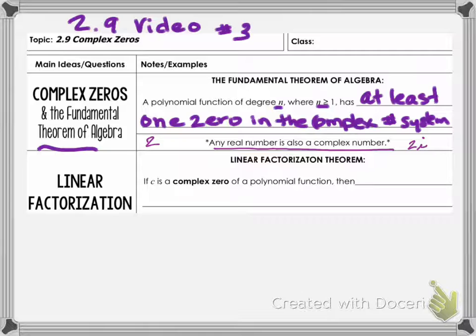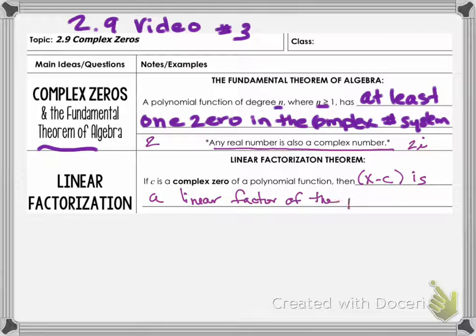So let's go remind ourselves about linear factorization. If c is a complex zero of a polynomial function, then x minus c is a linear factor of the polynomial. So that was just like we did for rational ones, right?